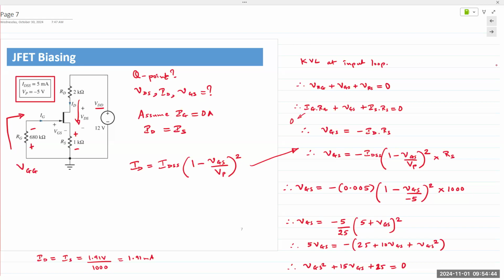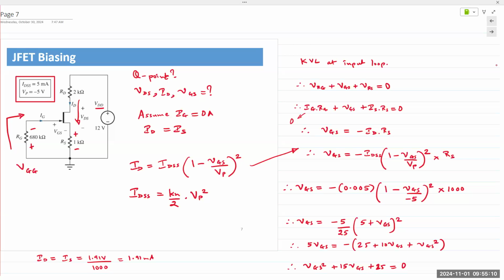That's a standard expression, yes. Like a diode equation, this is the equation for ID. And IDSS, again, depends on the manufacturing process. IDSS can also be given by Kn over 2 times Vp square. This is all dependent on the device manufacturing process.